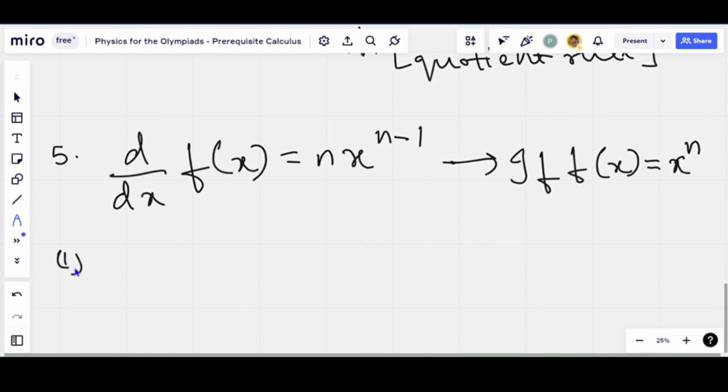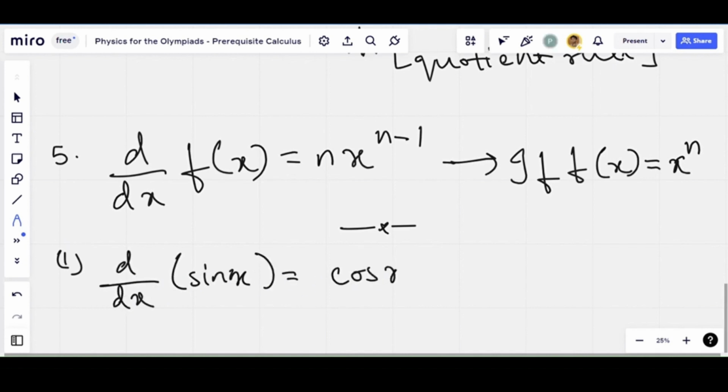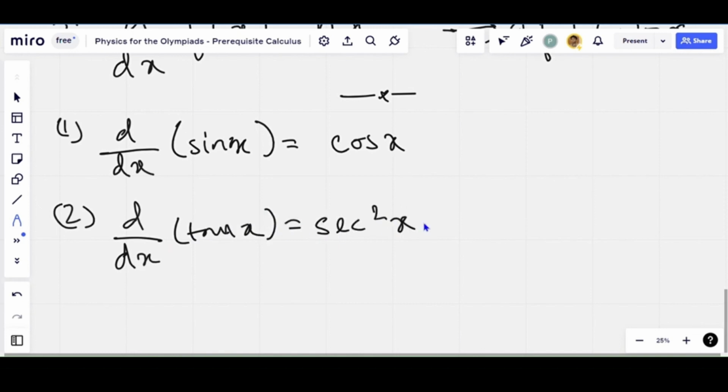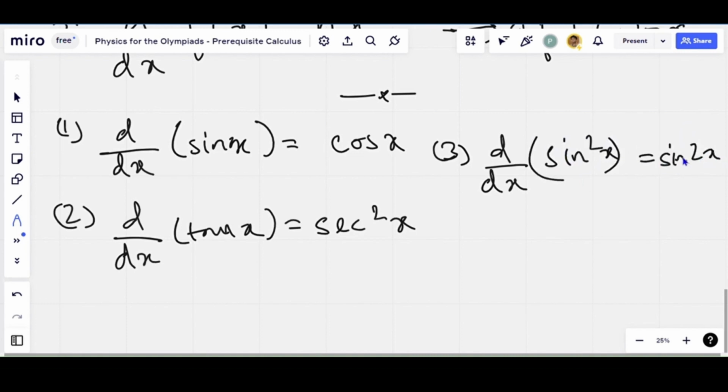The first one will be d by dx of sine x is equal to cos x. d by dx of tan x is equal to sec square x. d by dx of sine square x is equal to sine 2x.